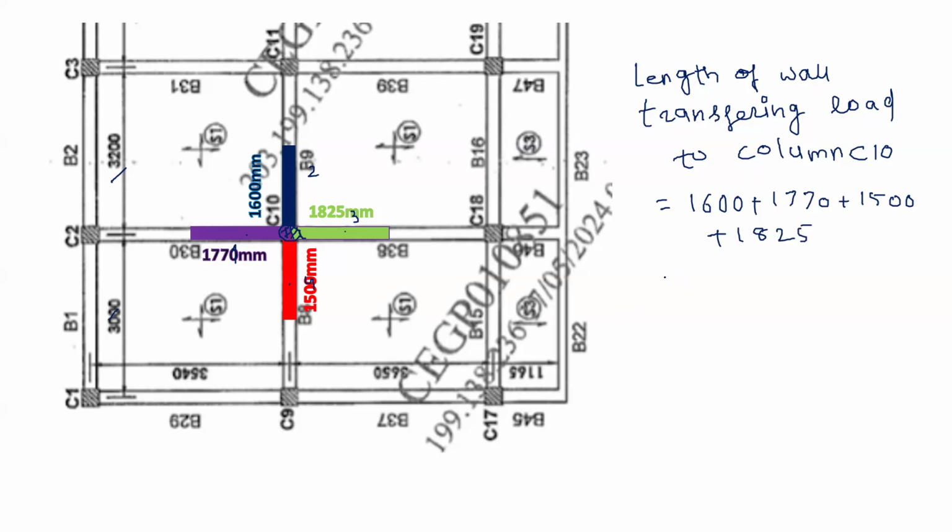Then we will get the total length of this wall equal to 6695 millimeters. And once we have these values, then we can design the column C10.